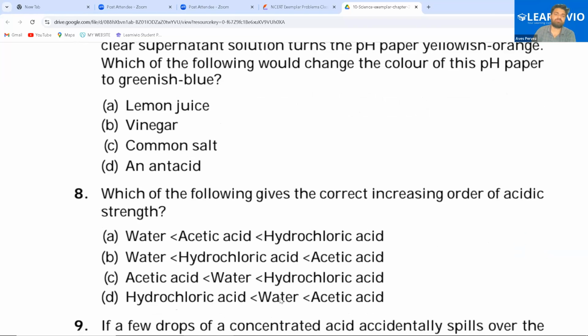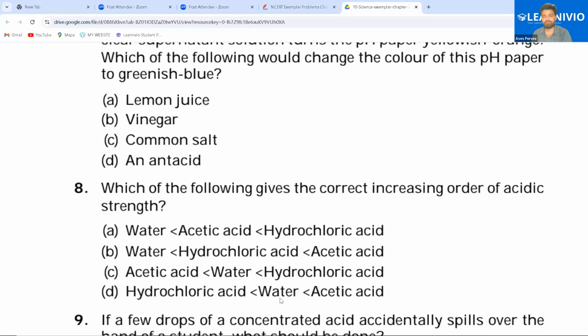Question number 8. Option C is the correct option.